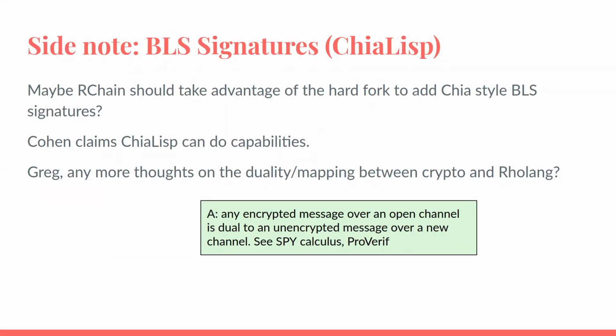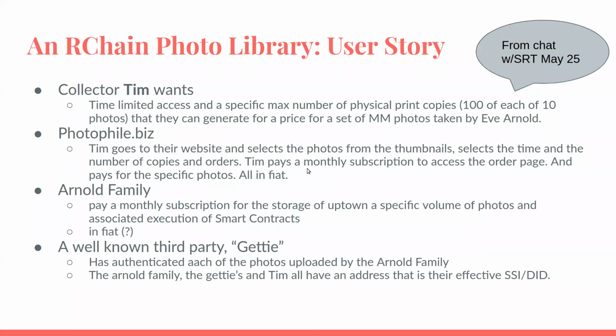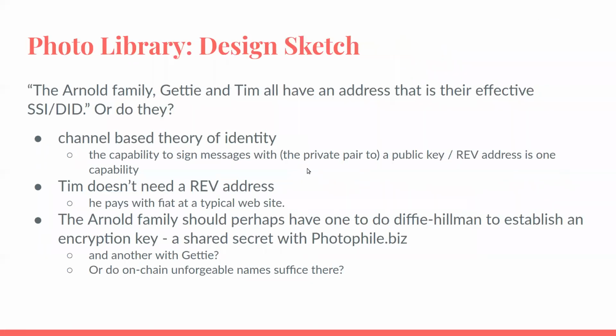I think BLS signatures, the stuff that Bram Cohen and ChiaLisp are doing, is pretty interesting. They claim to be able to do capabilities with this ChiaLisp VM, which is very, very simple, much simpler than either. Well, I don't know about much simpler than either one, but he did answer that question. Okay, never mind.